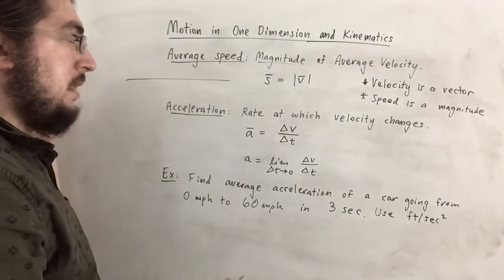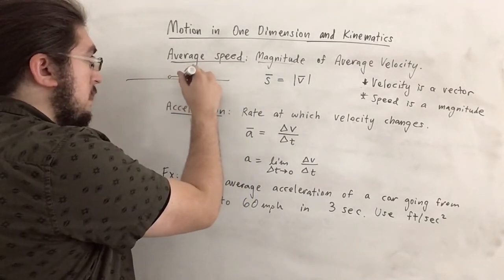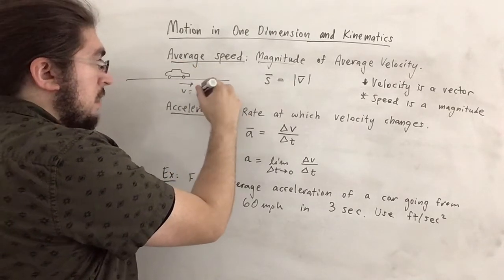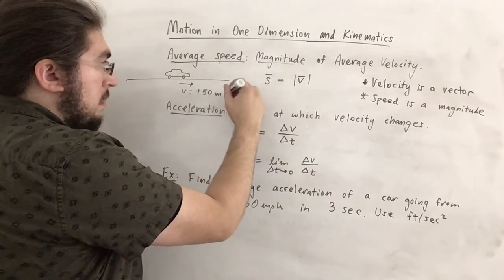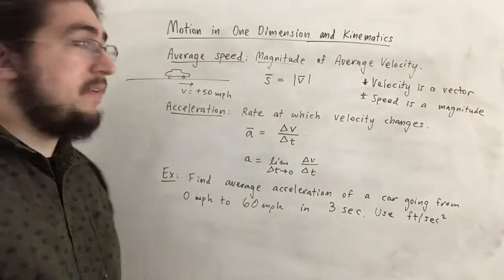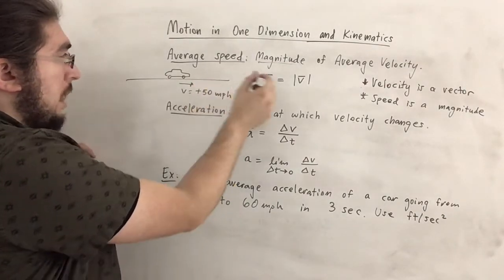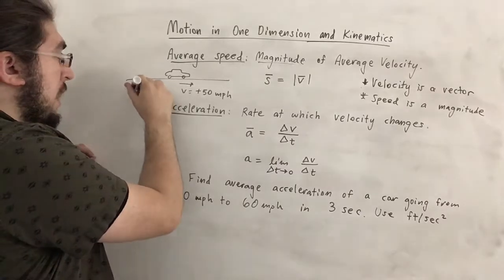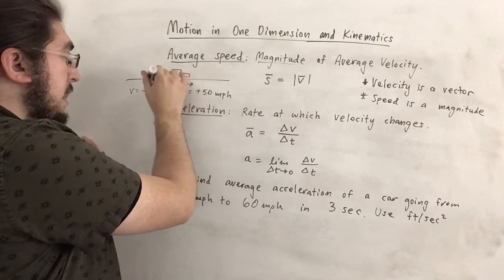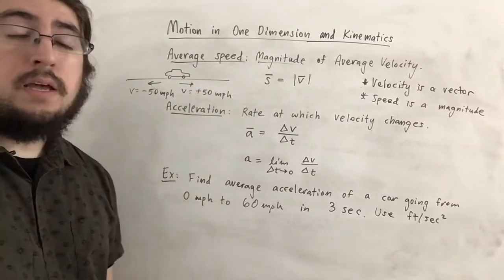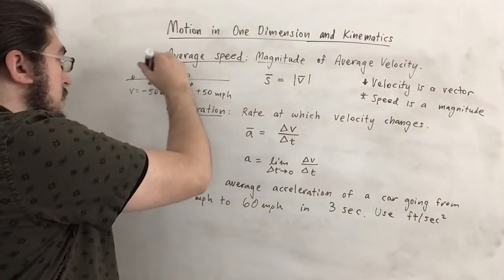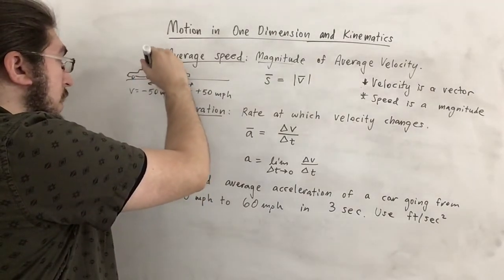So let's say a car with a velocity of positive 50 miles per hour would be going in one direction, usually seen as the positive x direction, whereas if it's going the opposite way, then it would have a negative velocity. Notice there are kind of two cars in this case. So let me just draw it like this. You have one car going one way and one car going the other way.